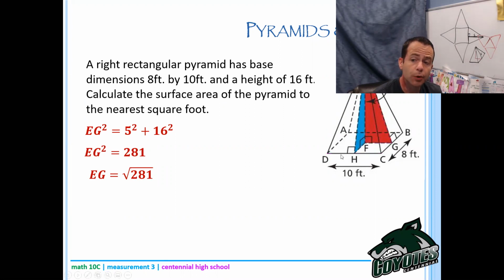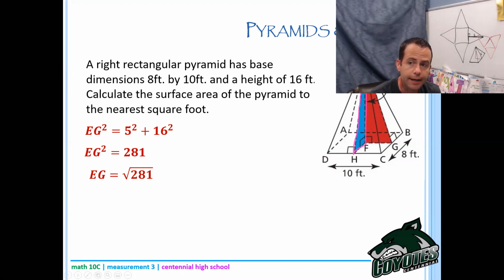So now I'm gonna work on the blue slant height. The blue slant height is a little harder to see just because the orientation is different, but the slant height that I'm looking for, this is the slant height I'm looking for, okay? And now take a look, this is the triangle that I would be using right there.